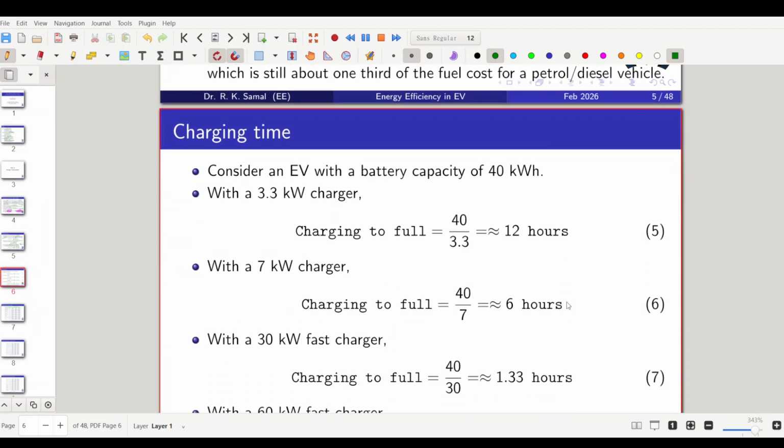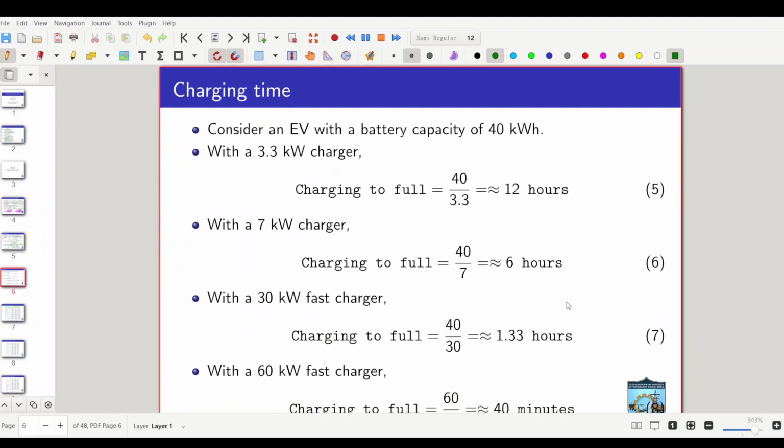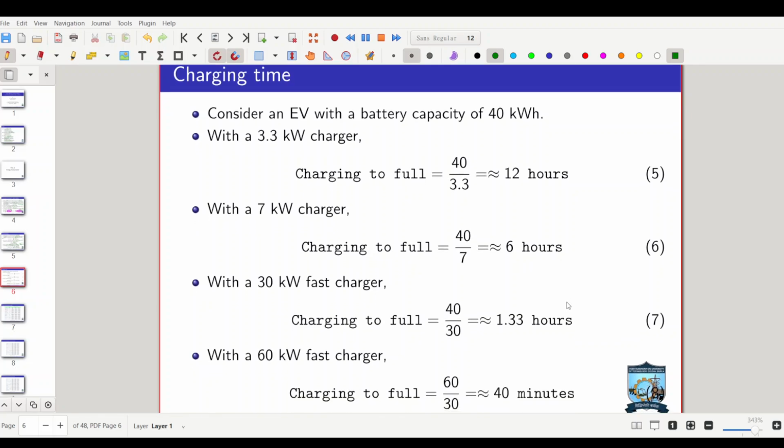Next, considering the charging time, this is again about how fast we move around. We have a big country. Suppose we want to drive a longer distance using our EV. How much time will it take? How much time do we need to break to charge the EV?